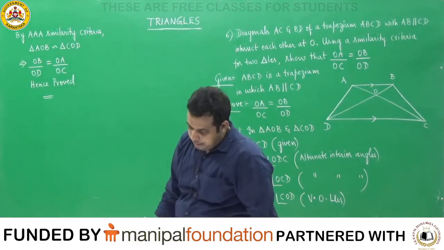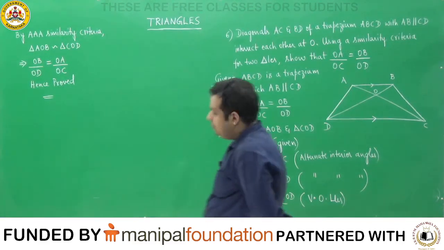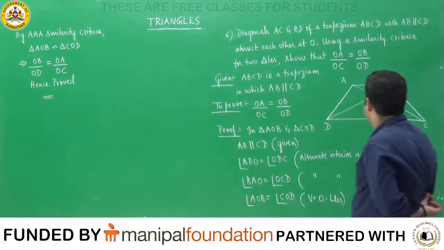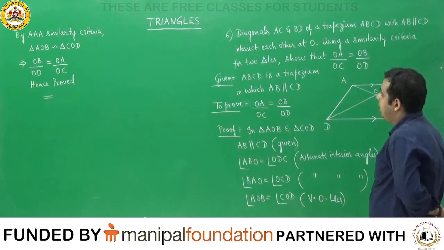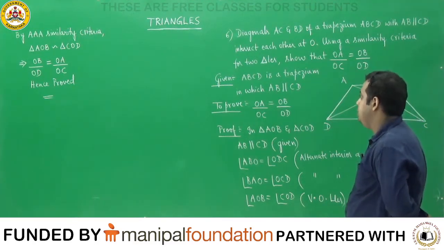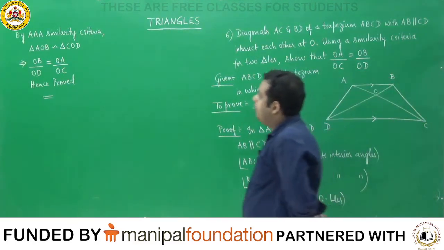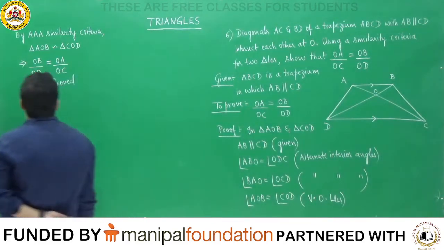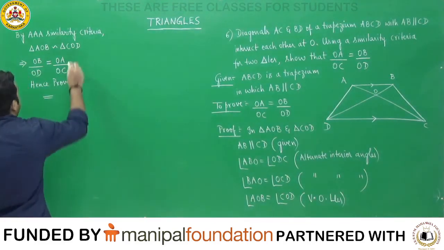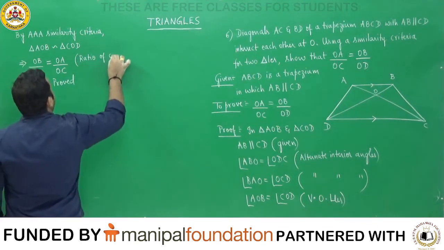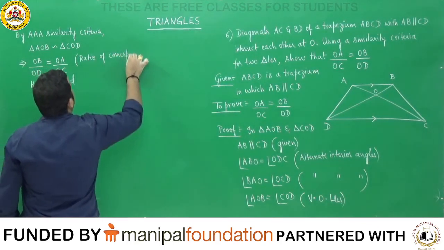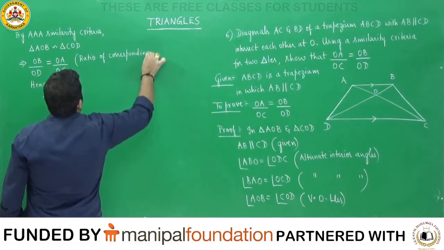So I can say that OB divided by OD, since triangle AOB is similar to triangle COD. Ratio of corresponding sides of similar triangles are equal. So I'll write like this: ratio of corresponding sides of similar triangles are equal.